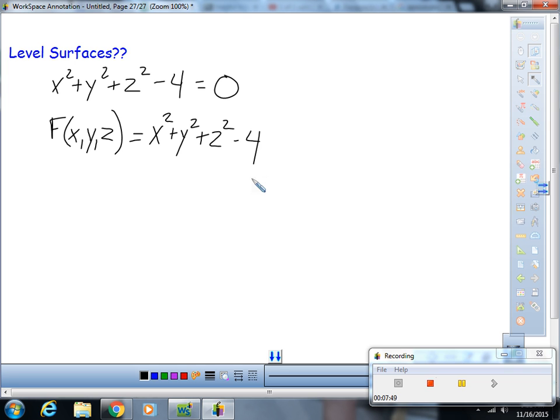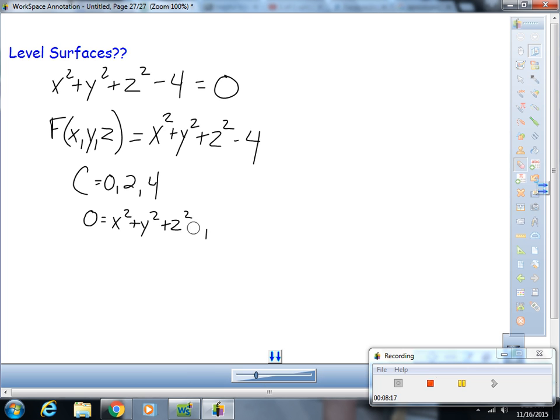Well, if you let c equal 0, 2, 4, just to get 3 level things, okay? Well, we'd have 0 equals x squared plus y squared plus z squared minus 4. Add 4 to both sides real quickly, and you get that, okay?